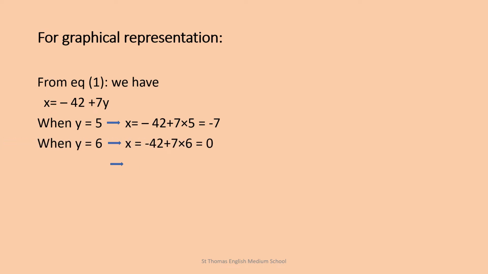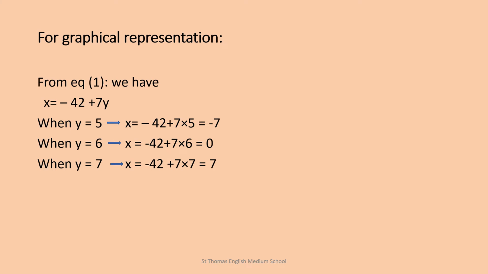When y = 6, x = -42 + 7 multiplied by 6, that is 0. When y = 7, x = -42 + 7 multiplied by 7, that is -42 + 49, that is 7.